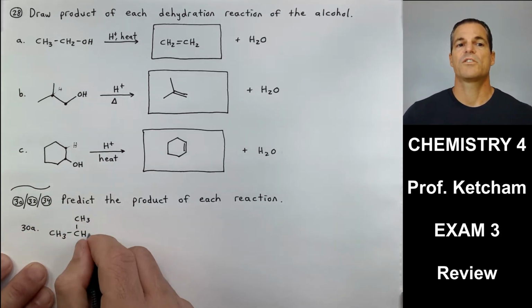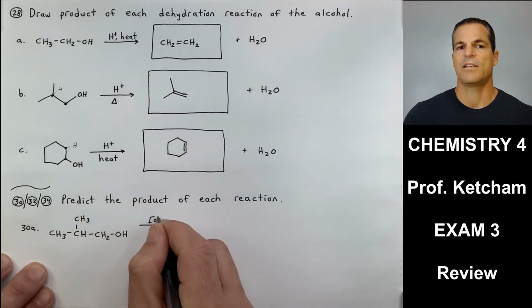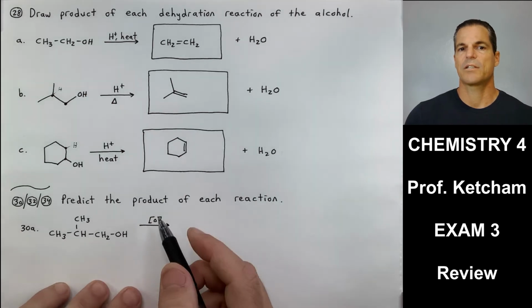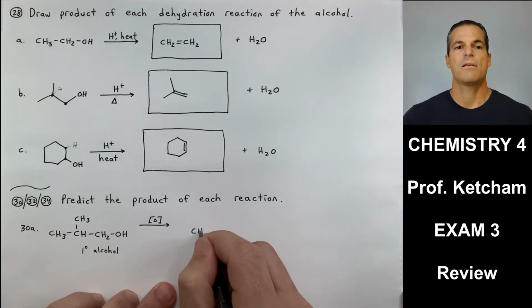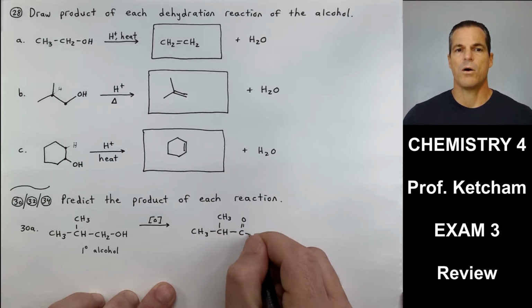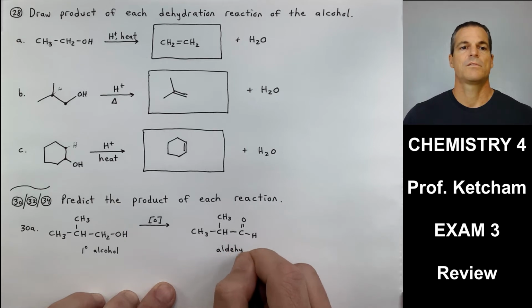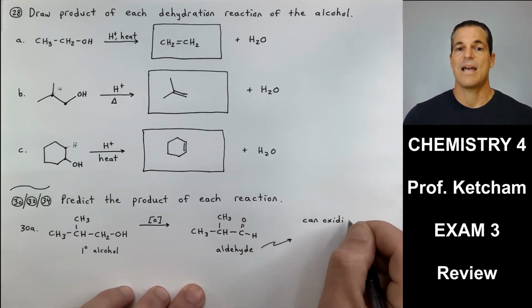Questions 30, 32, and 34 from chapter 12 all have basically the same instructions. Predict the product of each reaction. So I've selected some. 30A, I notice that this is a primary alcohol. It's got that bracket O, which means I'm going to oxidize it. So primary alcohols oxidize to the corresponding aldehyde.